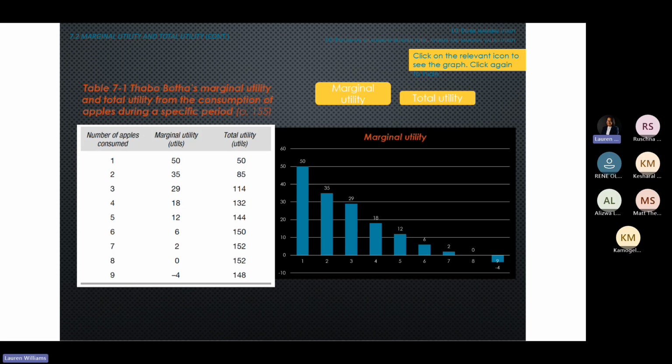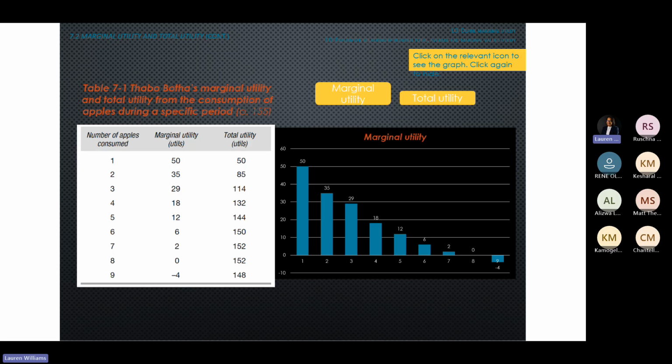Just want to show you from a total, this is the marginal, that's the total utility. So you see total utility, it increases quite steeply. So this is another concept that we talk about in economics, the concept of increasing at an increasing rate.